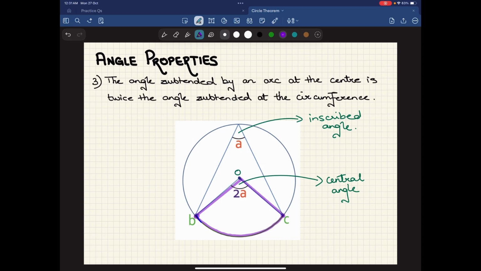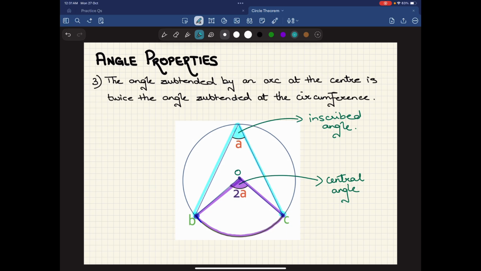So this is the angle subtended by the arc at the center. This is going to be twice the angle subtended at the circumference. So same arc BC, the angle subtended from the ends of this arc at the circumference.